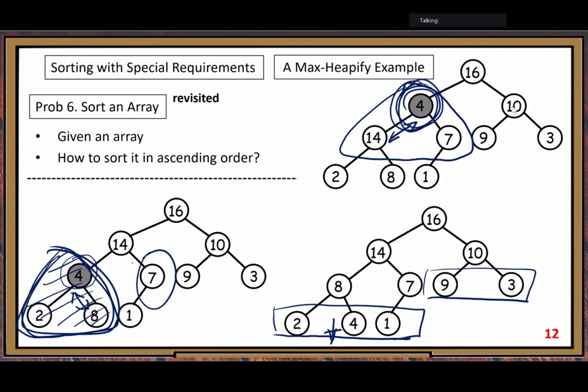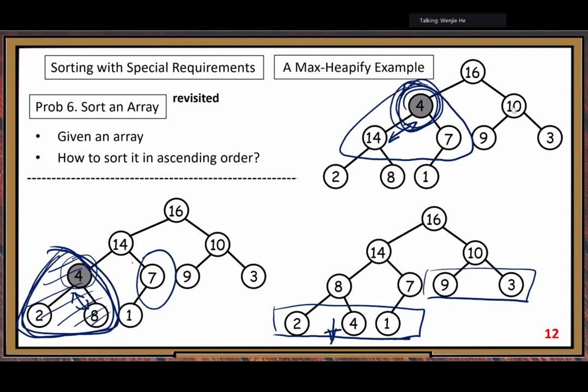But to prepare for the heap sort, we need to prepare some supporting operations. Because when we work on dynamic data, it is very easy that newly added data may break the max heap property. So we need to fix it.